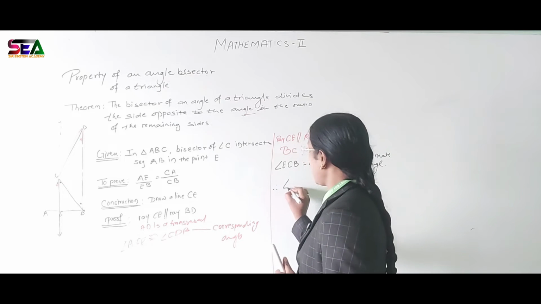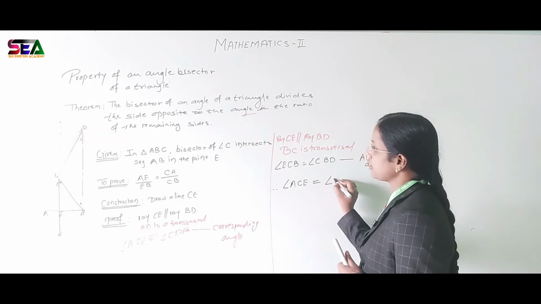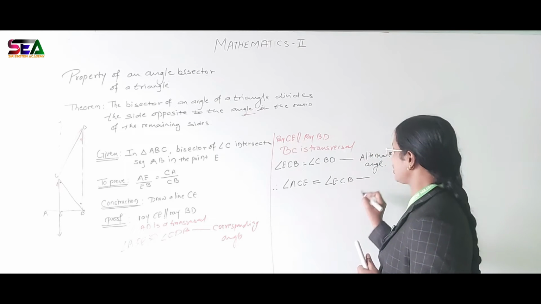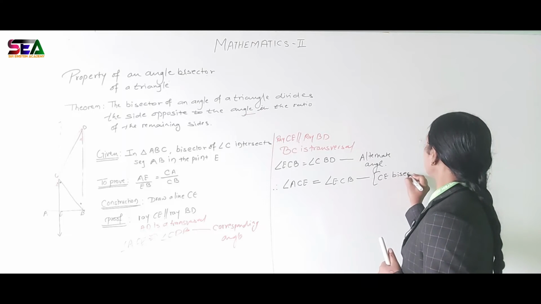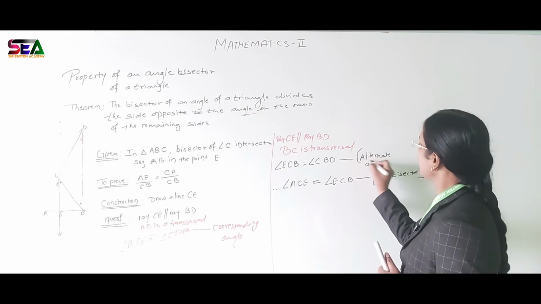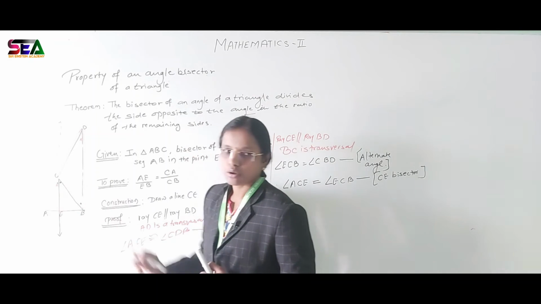Therefore angle ACE is equal to angle ECB because it is given, or you can write CE is a bisector. Because of that bisector you are getting these two angles congruent.